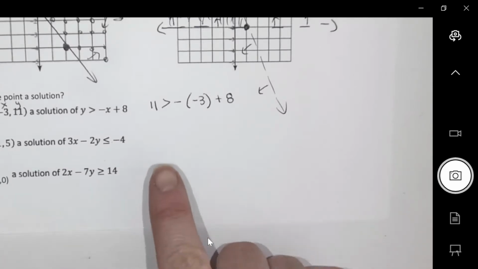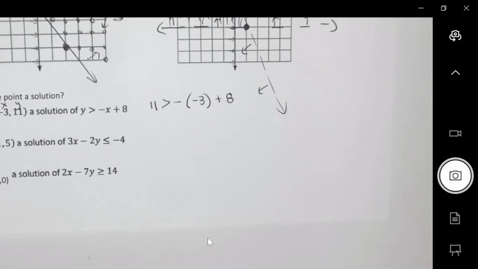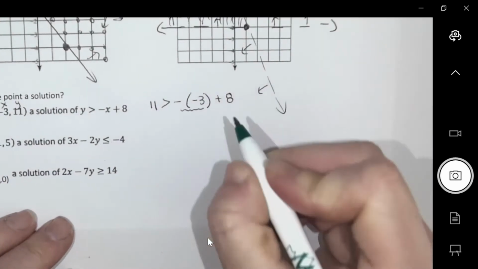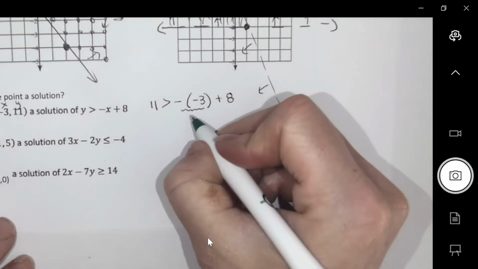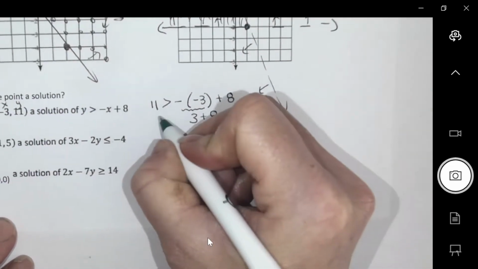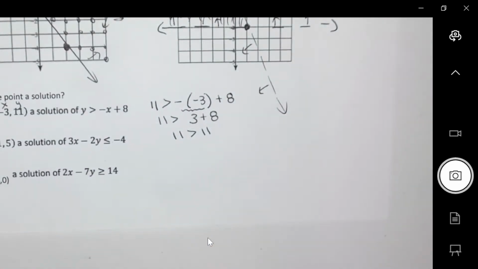So this one was a little bit weird because of the negative sign and then another negative sign. I think that was how they were trying to kind of trick you. Do we know what that does in math? When you have a negative of a negative, it turns positive. What do you think? Is 11 greater than 11? No, that's not.